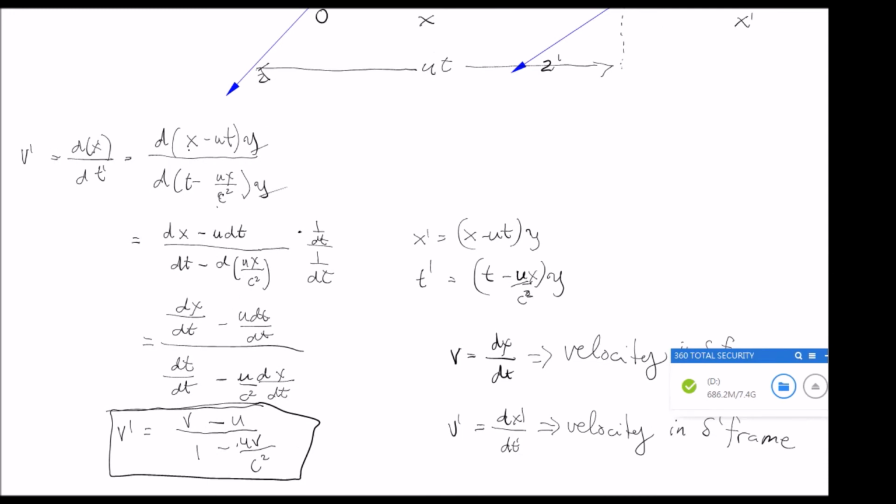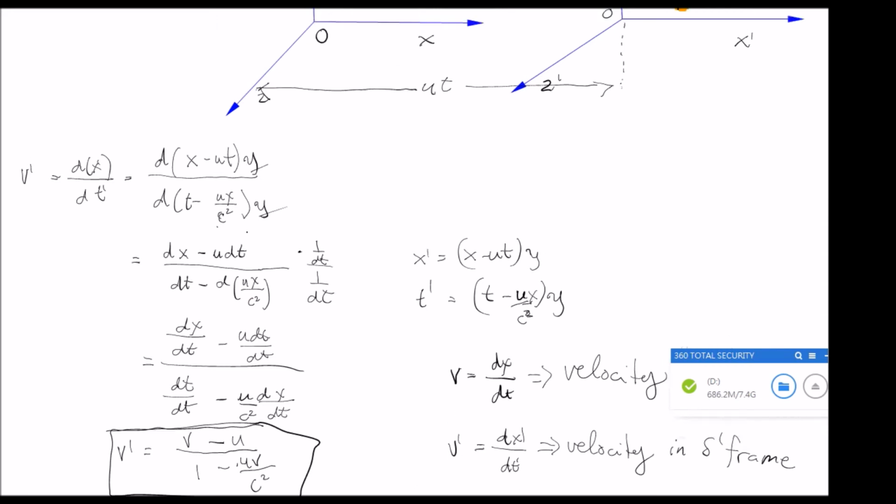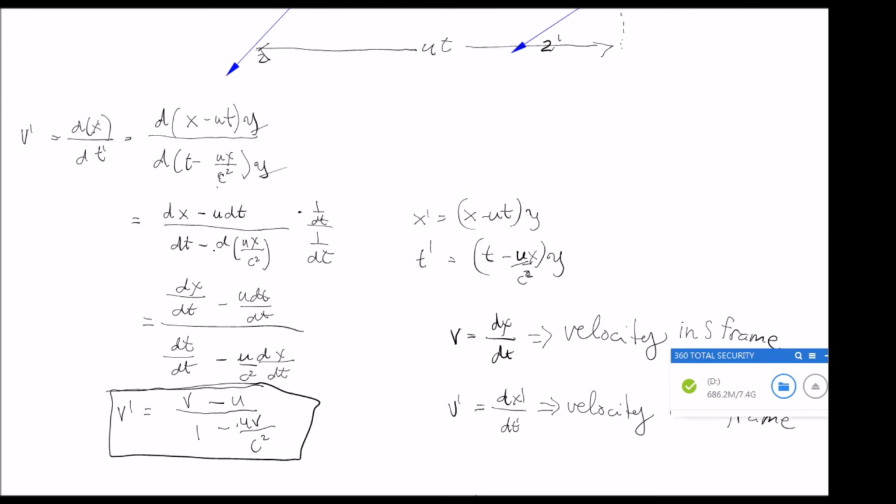So by using this equation, we will replace x prime by gamma times x minus the speed of the moving frame times t, and then replace t prime by gamma times t minus ux over c squared, right? So we can cancel gamma here, and then multiply the whole thing by 1 over dt per 1 over dt, and this is just equal to 1. So 1 over dt times dx, then we have dx over dt, minus u dt times 1 over dt, which is dt over dt, and that is equal to 1.